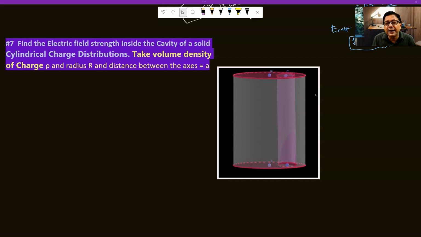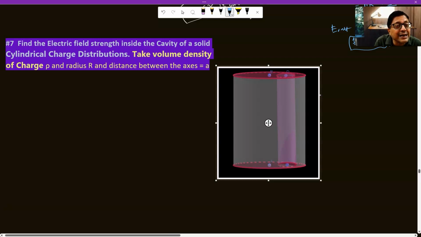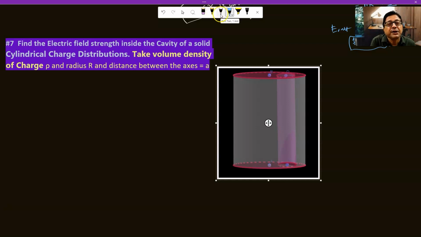You have to find the electric field strength at a point inside the cavity if a charge is distributed over the volume of the cylinder apart from this cavity part. Cavity means cavity, nothing is there. Charge is also not there. We are not keeping any charge inside. Charge is there over this volume only. Is it clear? You all understand which one is the cylinder, which one is the cavity?